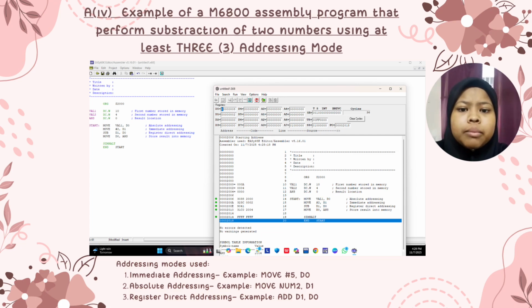In my program, the instruction sub D1, D0 subtracts the value in register D1 from the value in register D0. After the subtraction, D0 holds the result of 10 minus 2, which is 8. So the final result is D0 equals 8 and D1 equals 2. This shows how different addressing modes are used together in one program to perform arithmetic operations.